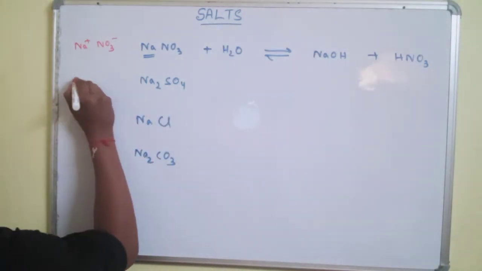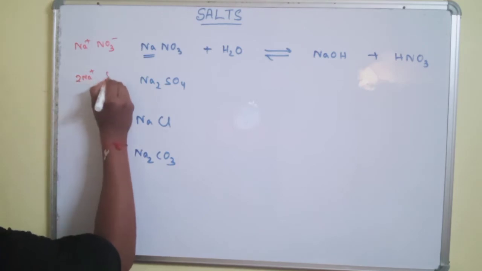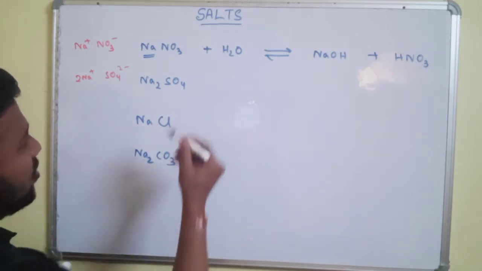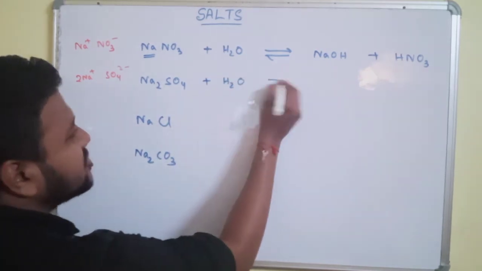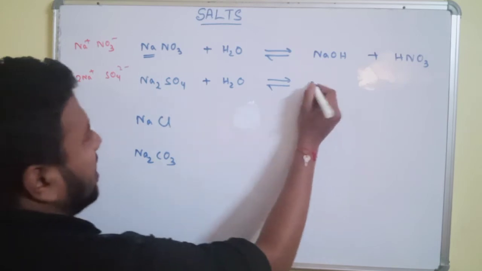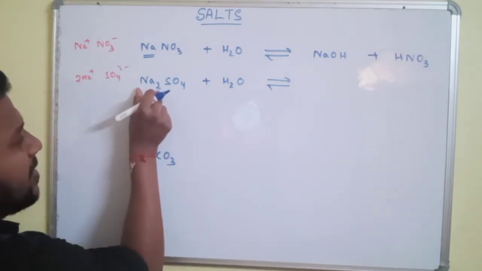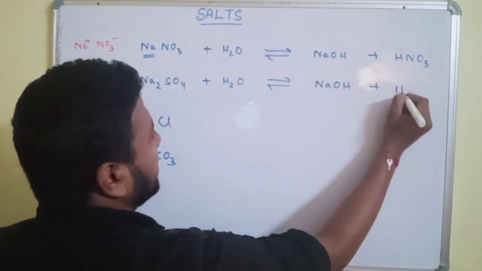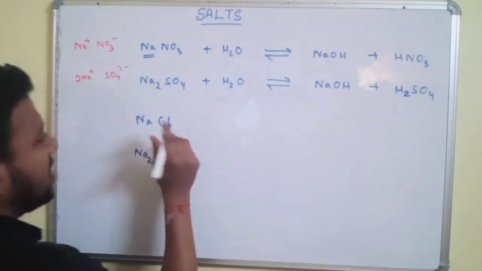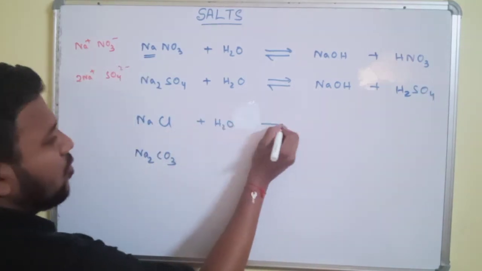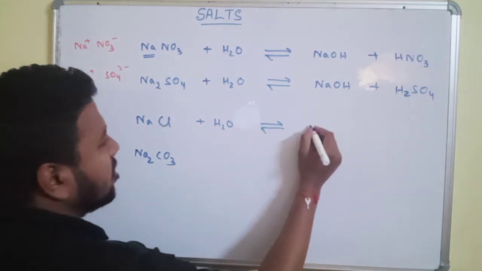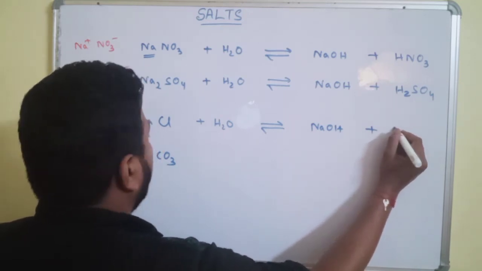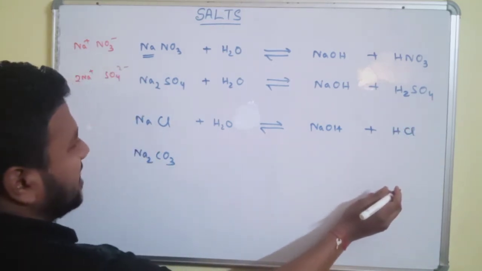Here we have 2 Na+ ions and SO4 2- ions. When they react with water, this is the electropositive part, so we obtain NaOH plus H2SO4. Over here, when hydrolyzed with water, we obtain NaOH and HCl.